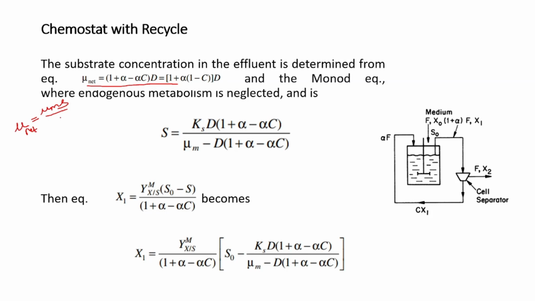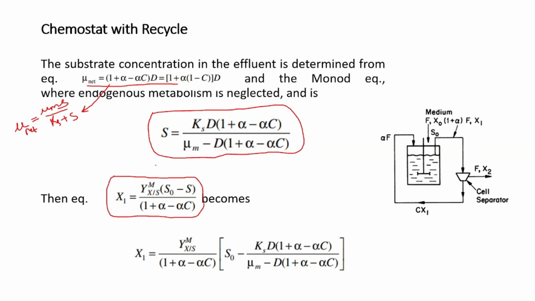Previously we got this expression from the previous slide for x1, where x1 means the biomass concentration in the recycle stream. If in place of this S we substitute this expression, we get this entire big expression for the biomass concentration in the recycle stream.